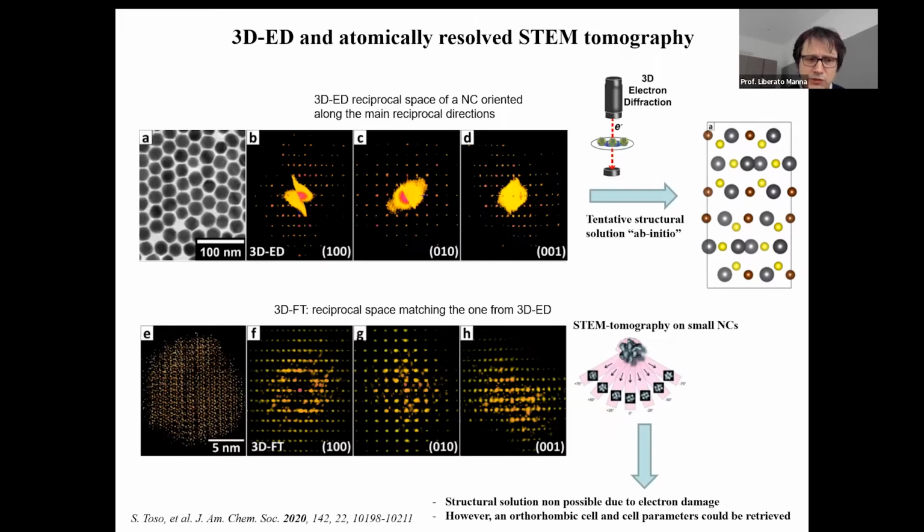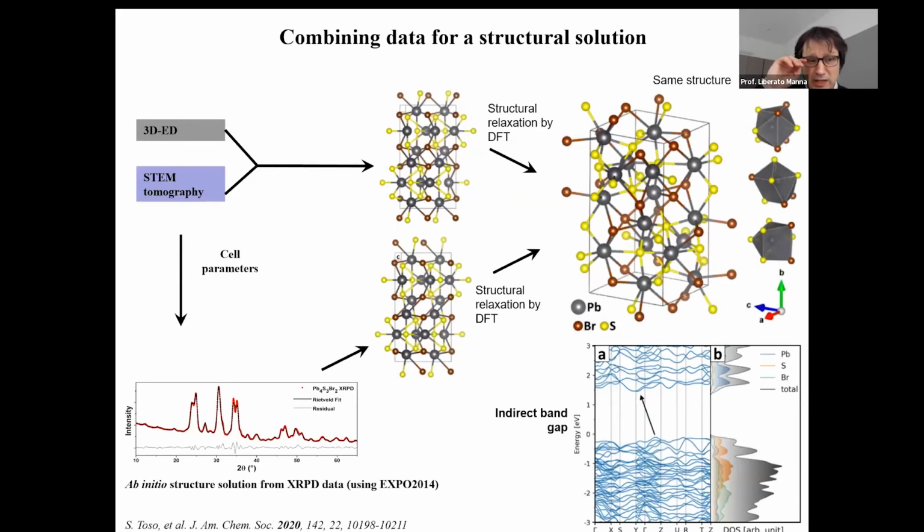But indeed, the quality of the sample during the examination and overall the resolution of the technique was enough for us to retrieve the lattice parameters, so to figure out that the lattice is orthorhombic and to find out the parameters of this orthorhombic cell, which actually matched quite nicely with the parameters found by the 3D electron diffraction shown on top on a single nanocrystal.